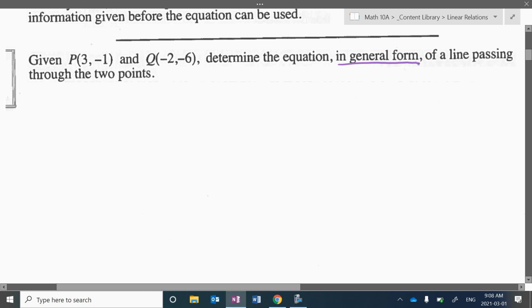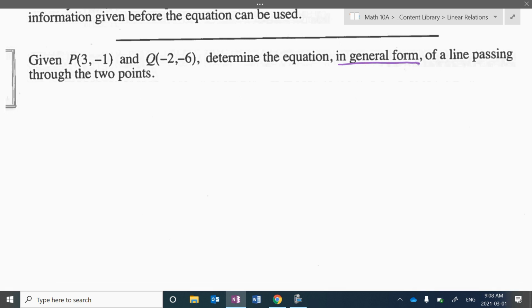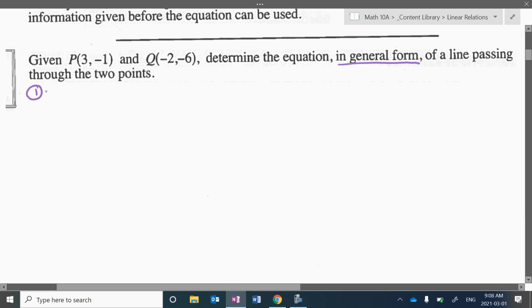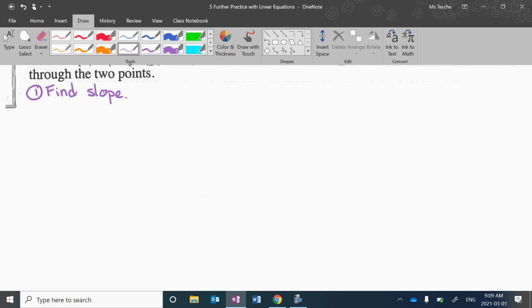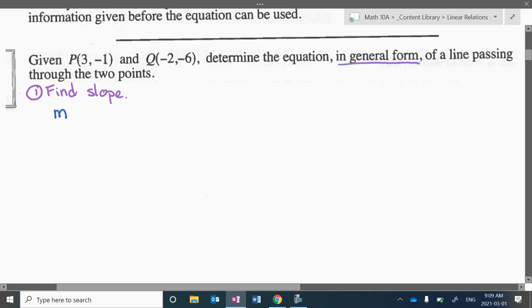What's the first thing that we could do here? Good, find the slope. When we're finding the slope, remember it's rise over run, or y minus y. Put your subtraction signs in first so you don't mess it up, and then write it vertically.